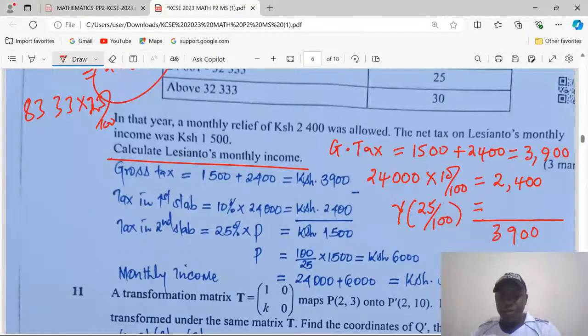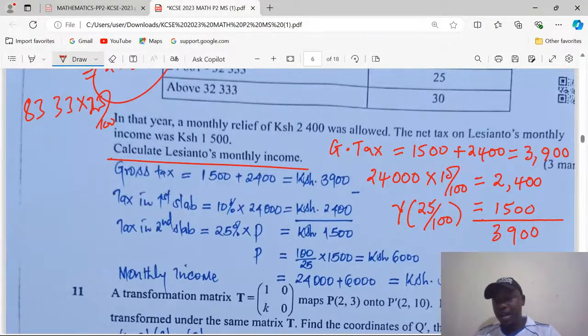So the amount which must be added to 2,400 to get 3,900 can be calculated, and this is going to be 1,500. So we get a tax of 1,500.